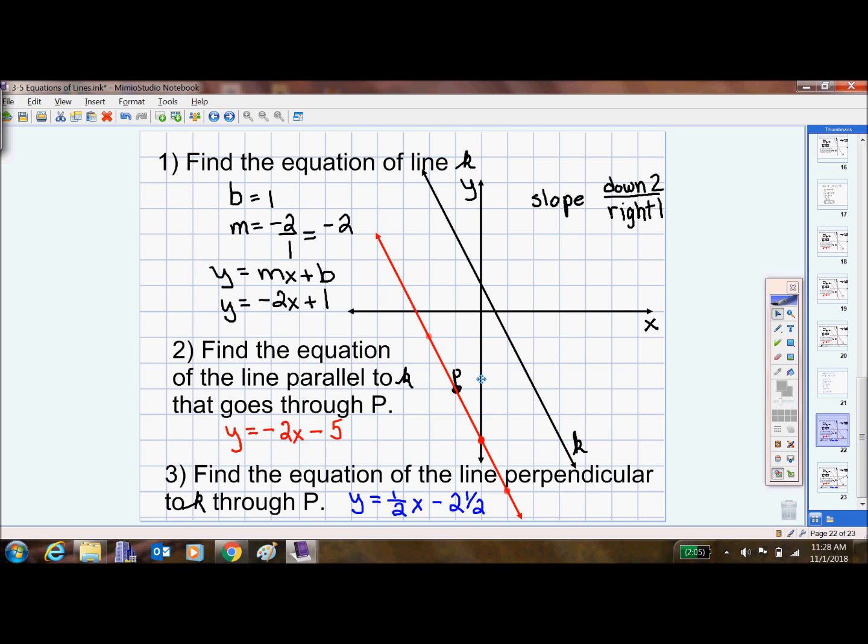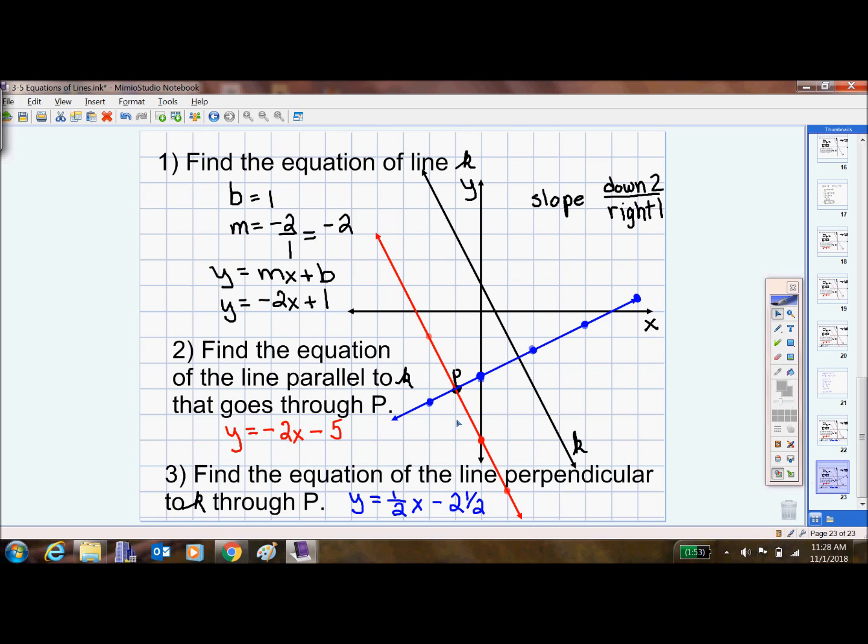And then where do you go from that? Up 1, right 2. So you do end up being in those halfway points, up 1 over 2, up 1 over 2, up 1 over 2, in those little halves.